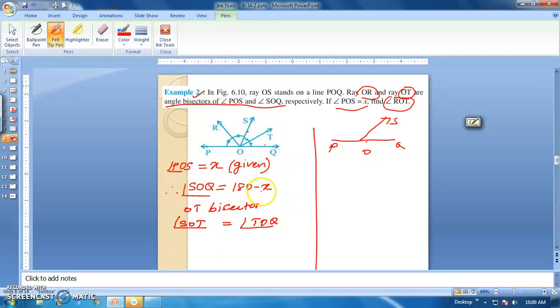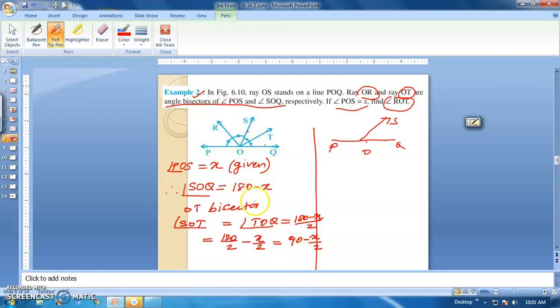SOQ is 180 minus X, so these two angles are half of it. Therefore, these two angles equal (180 minus X) divided by 2. Simplifying, 180 divided by 2 minus X by 2, so equal to 90 minus X by 2.